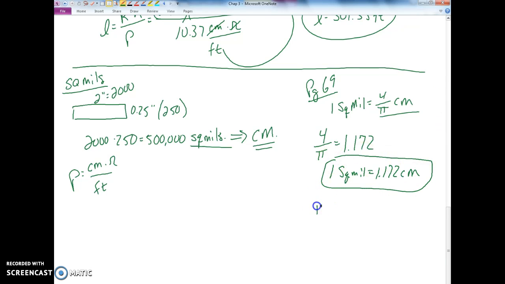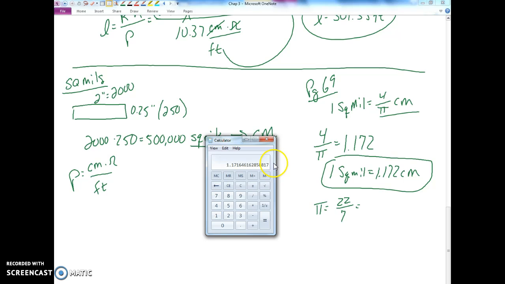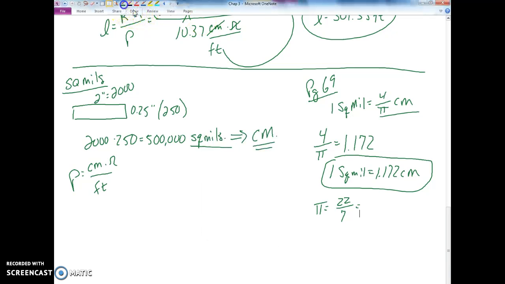Now, I just want to make sure that my 3.414 was correct. So, for pi, I'll do 22 divided by 7. And, oh, it was 3.14, so I screwed that up. With that in mind, this is incorrect.